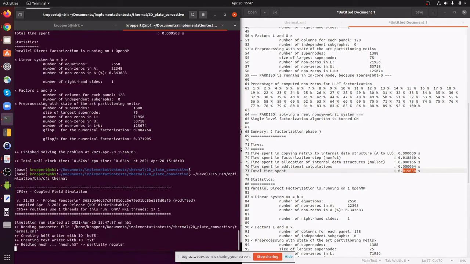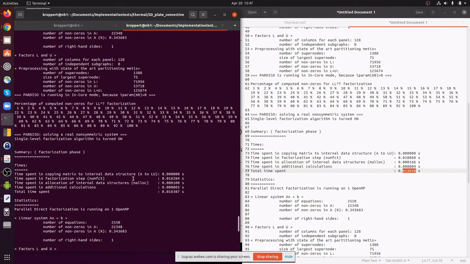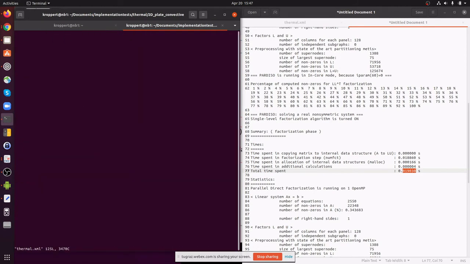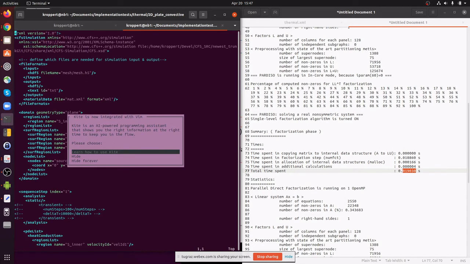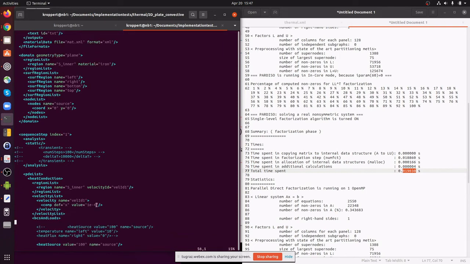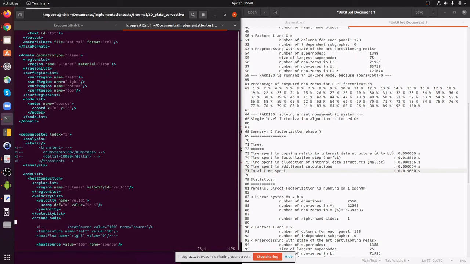And which velocity was this? This was 1e minus 4. So this was a higher velocity. Maybe we increase it even more. We have to see a difference, I hope.